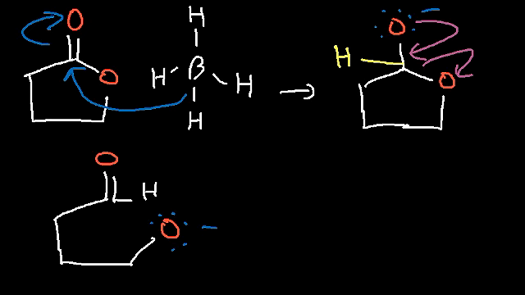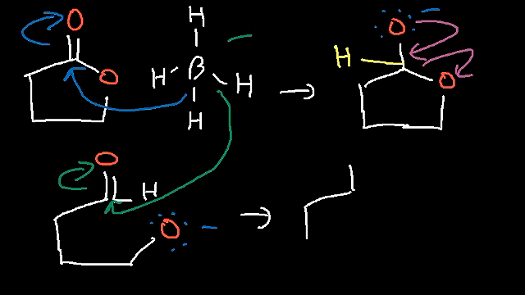Now the reaction won't stop here. Another BH4 minus ion can donate a hydride ion to attack this aldehyde, reducing it to an alkoxide ion.